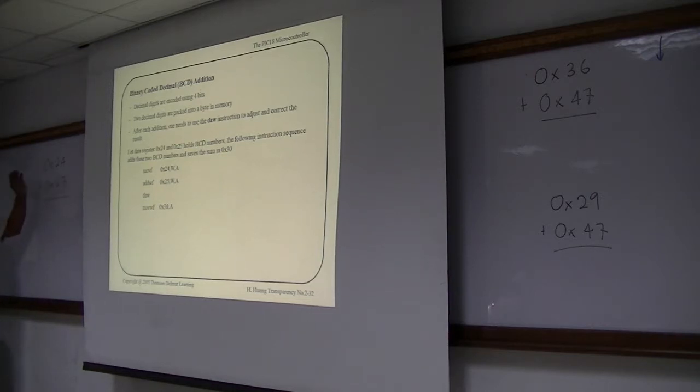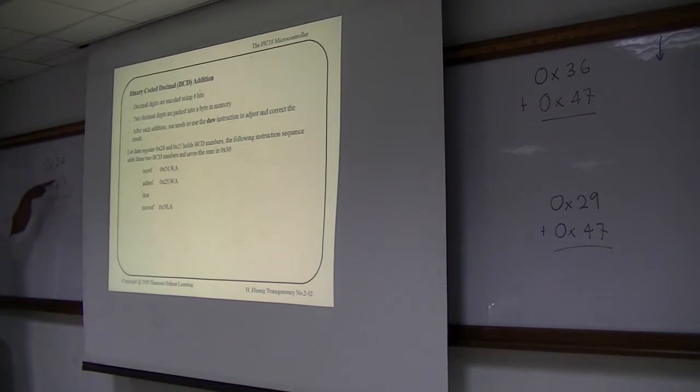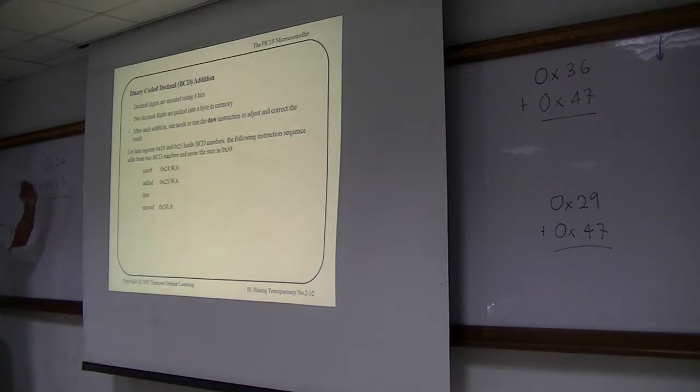So you can represent decimal numbers using hex. Even though we write hex 24 here, what we are actually trying to do is add decimal 24 with decimal 67. So we are representing decimal numbers using hex format, or a hex base number.